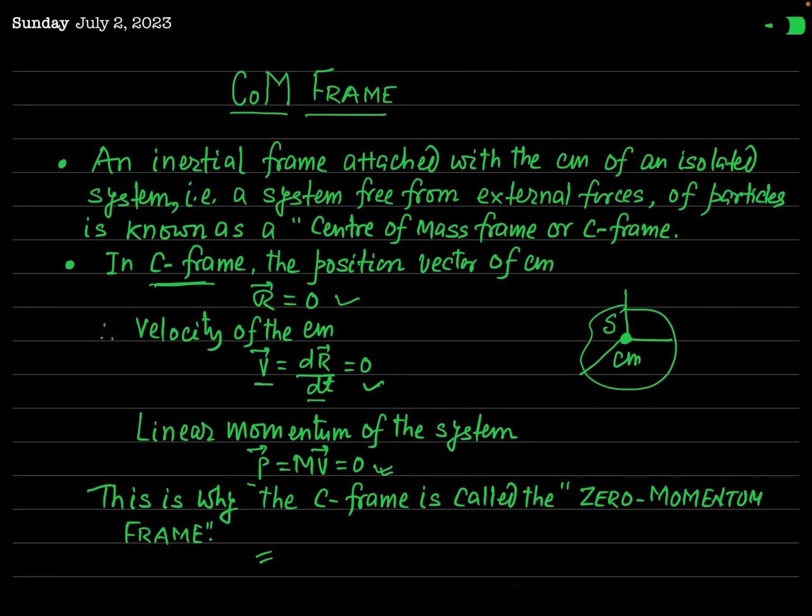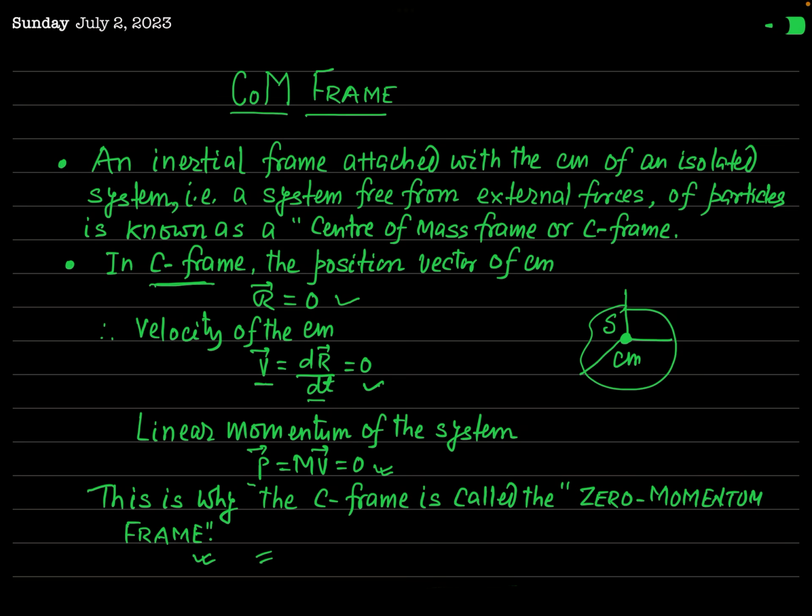That's why we call this C frame a frame in which the momentum of the system is 0. And this is the reason that the C frame is called the zero momentum frame. The center of mass frame is called the zero momentum frame because in this frame the momentum of our system is 0. So this is just an introduction to the center of mass frame and the laboratory frame.